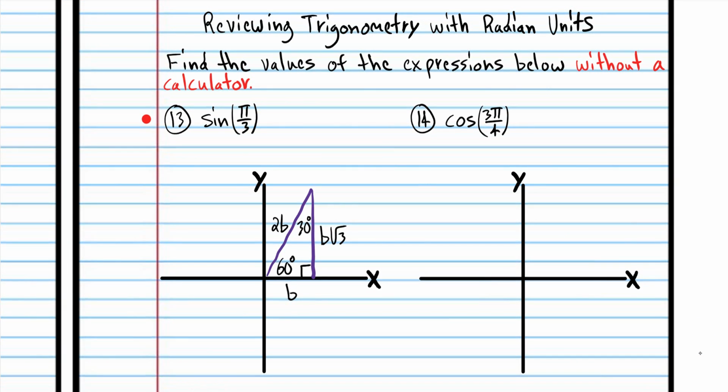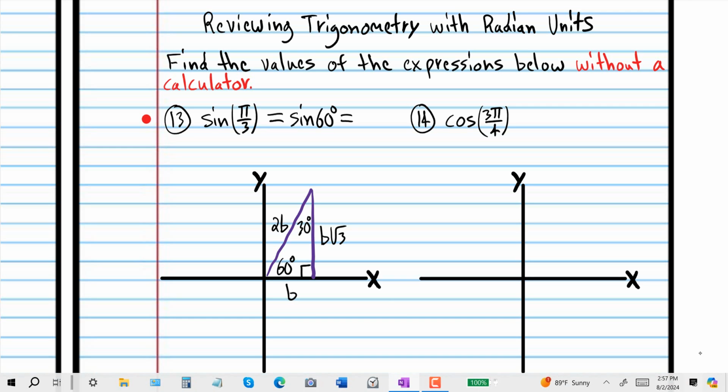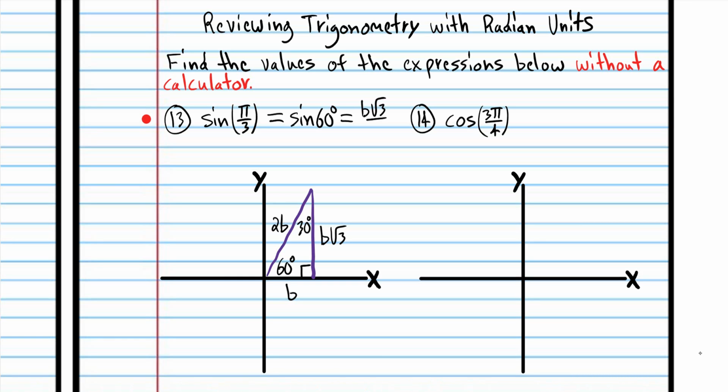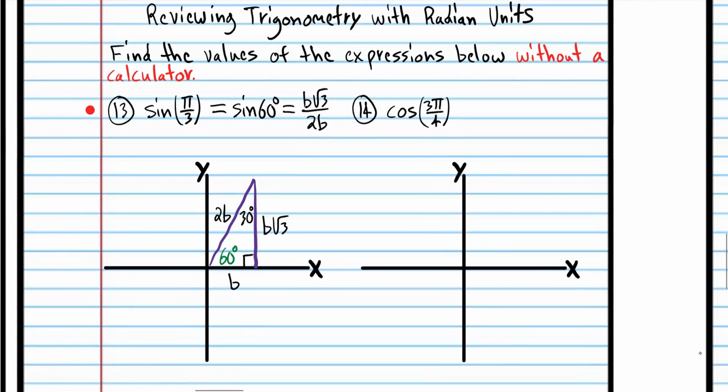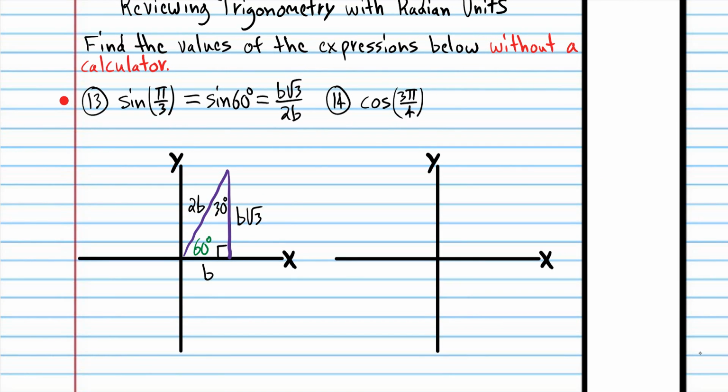So sine pi over 3 is the same thing as sine 60 degrees, and sine is defined to be the side opposite the reference angle divided by the hypotenuse. Usually we make the reference angle green in this course. Now all we have to do is cancel out the b's, so we have root 3 over 2, and that's the answer.